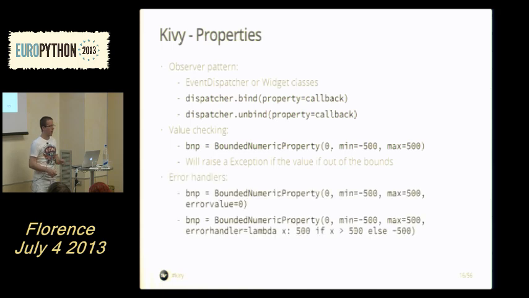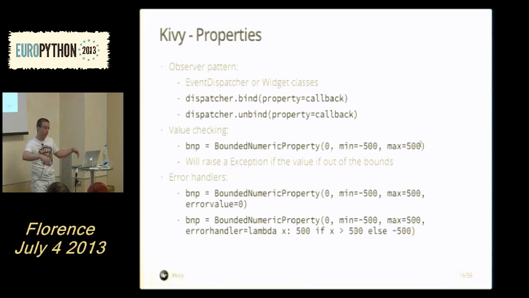We also have some error handlers. The value checking here is, I think, obvious: 0 is the default value, and I don't want my value to be outside of -500 to 500. If it's going out of the bounds, it will raise an exception, but sometimes it is not what you want.